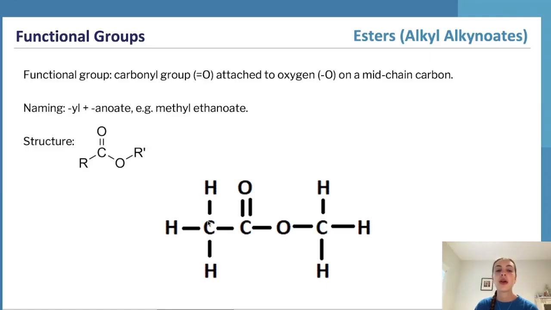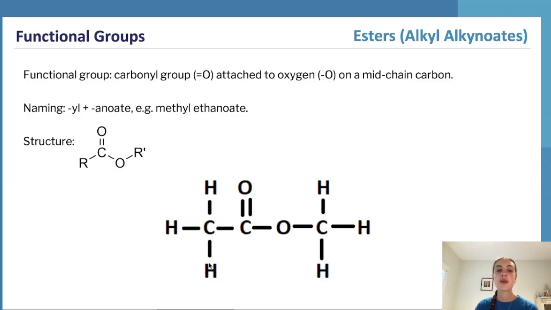So we can see we've got 1 carbon here, 1 carbon here, so 1, 2 carbons, that being an ethane chain, but then this one's got a double bonded oxygen and then the single bonded oxygen in the middle of the chain. So this part is the end of the name, the ethanoate part, and then this part over here, which doesn't have the carbonyl group, is just connected by the single bonded oxygen to the rest of the chain, is what is the methyl part of that group. So that's why it's named methyl ethanoate.